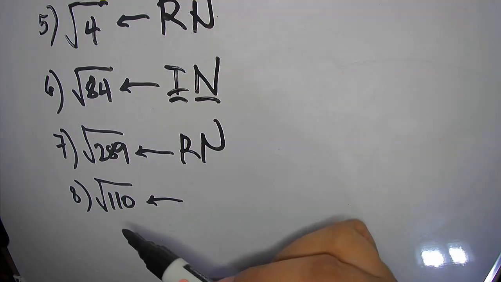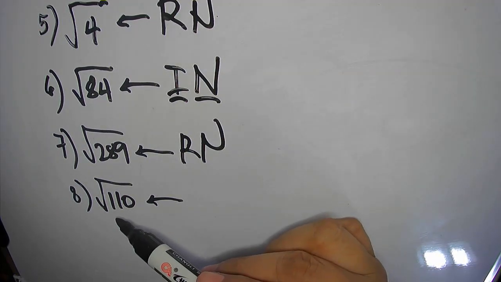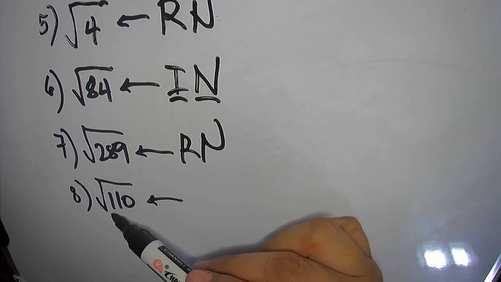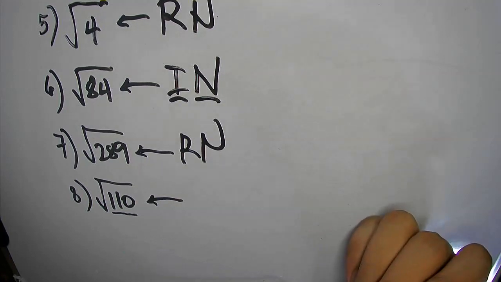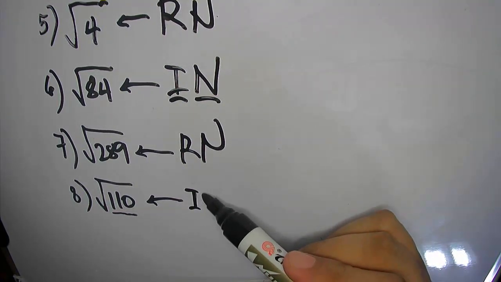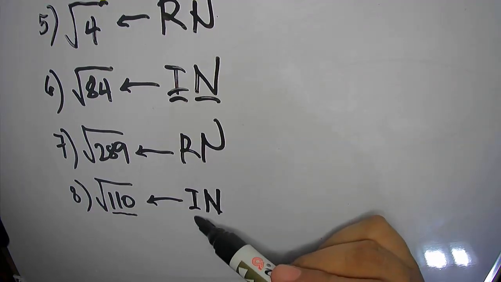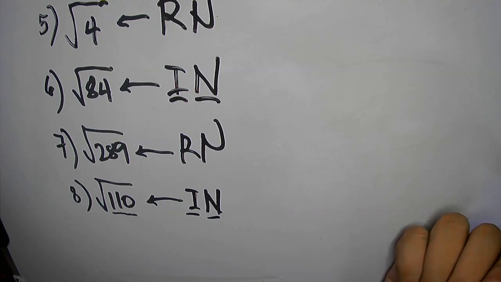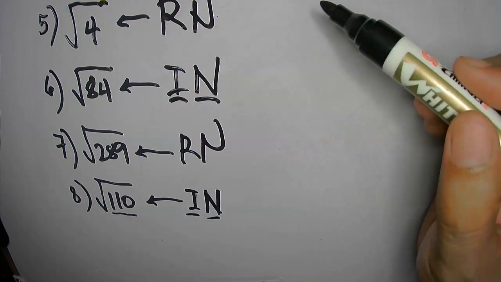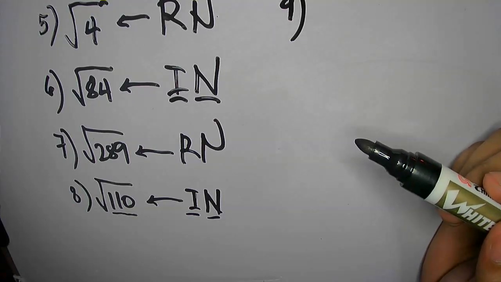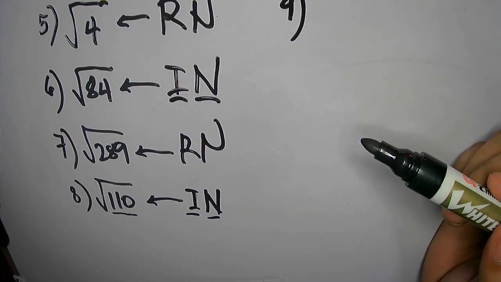Okay, so wala tayong makikita or mahahanap na dalawang number na magkapareho na pag minultiply natin, ang sagot ay 110. So, ibig sabihin nito, ito ay mabibilang sa irrational number. Square root of 110. Nakawalo na tayo. So, let's have number 9.